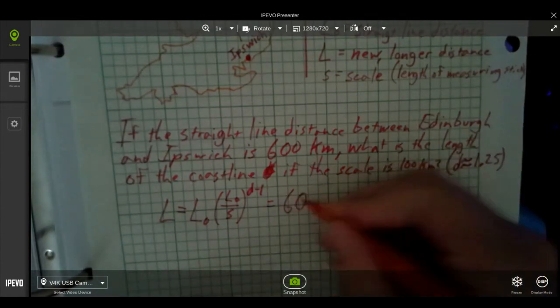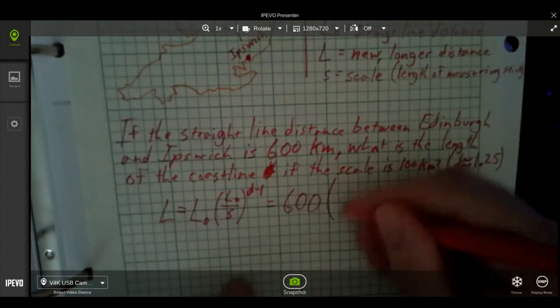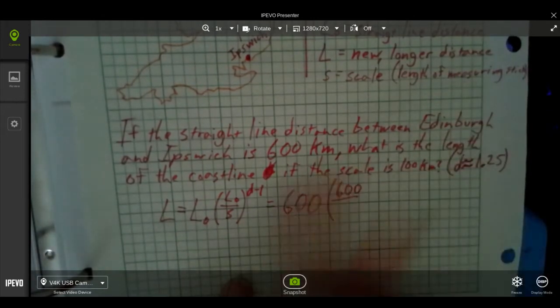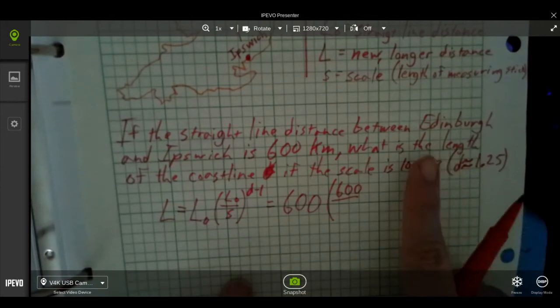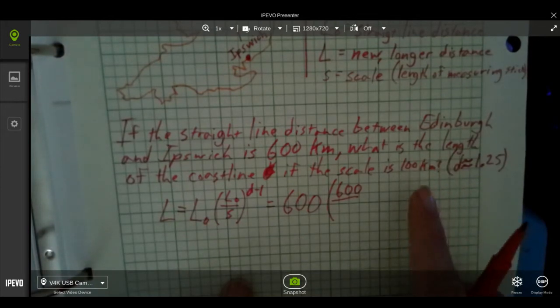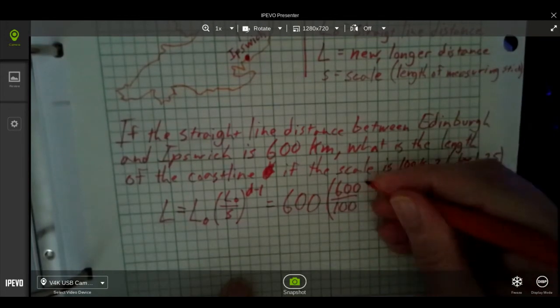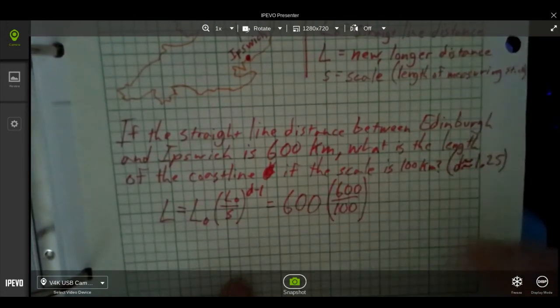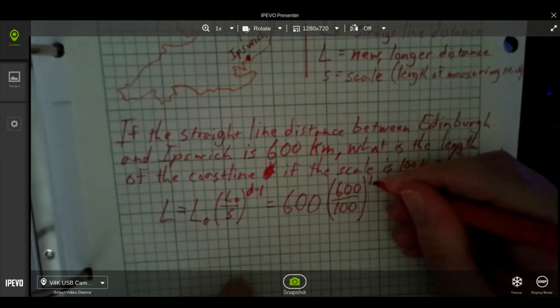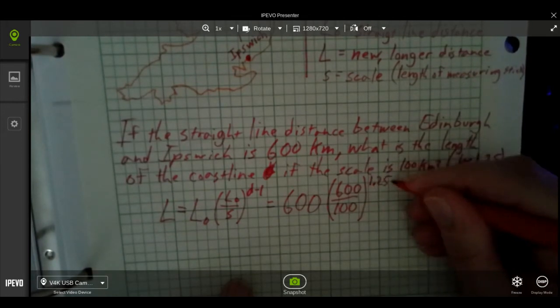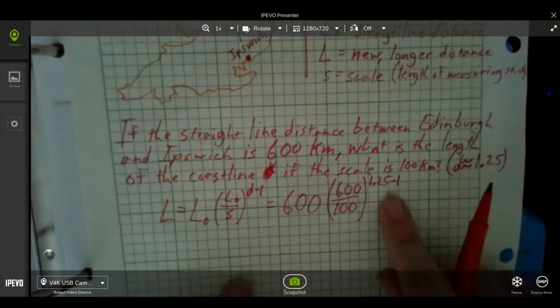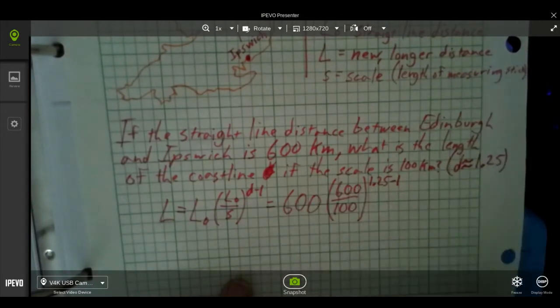So that equals 600 times, well, I have 600 up here, divided by my scale. What's the length of my measuring stick here? Scale is 100. So 600 divided by 100 to the D minus 1. D is 1.25, 1.25 minus 1. All right, so all this is what I put into the calculator.